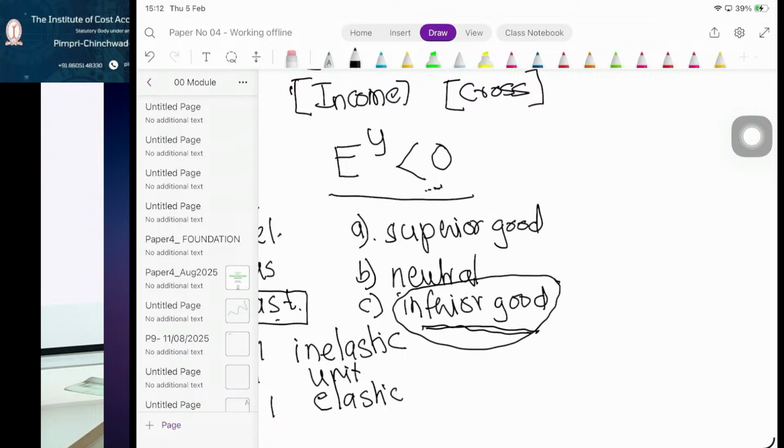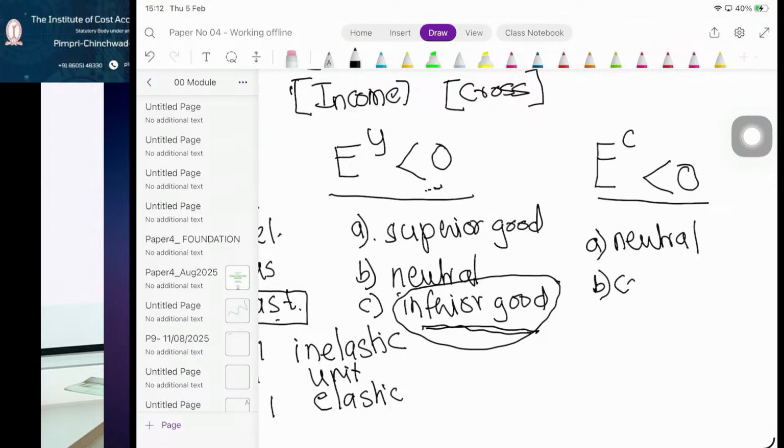And if cross elasticity calculated is negative for two goods, would you call these goods neutral, complements, or substitutes?